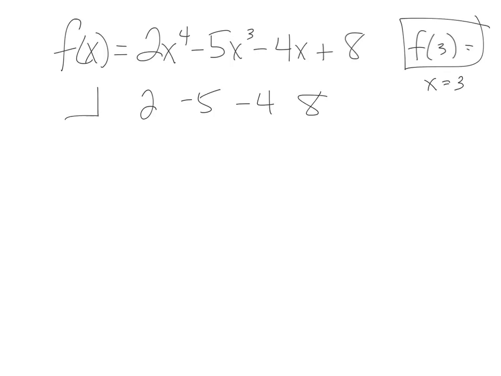And if we had it in factored form, how do you get x equals 3? Well, you use x minus 3. And so, that's what we're going to do here.